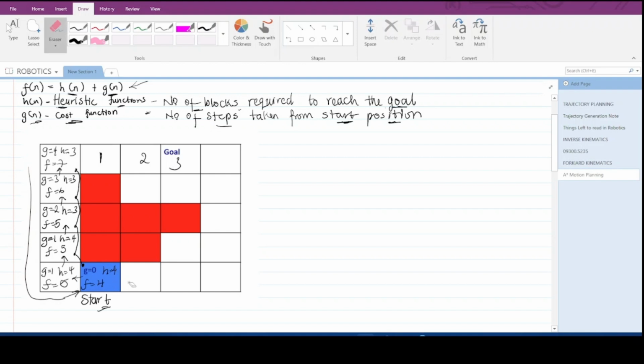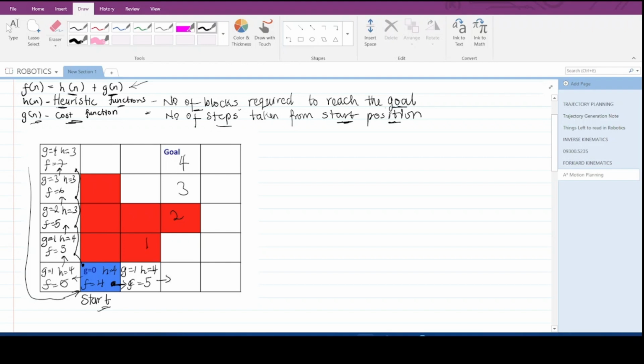Okay, so we are starting from the start position again and we're going in this direction. If you go in this direction, g is equal to 1 because you've made 1 step. h is going to be equal to 1, 2, 3, 4. That means h is going to be equal to 4 here and f would then be equal to 5. Okay, let's go this direction.